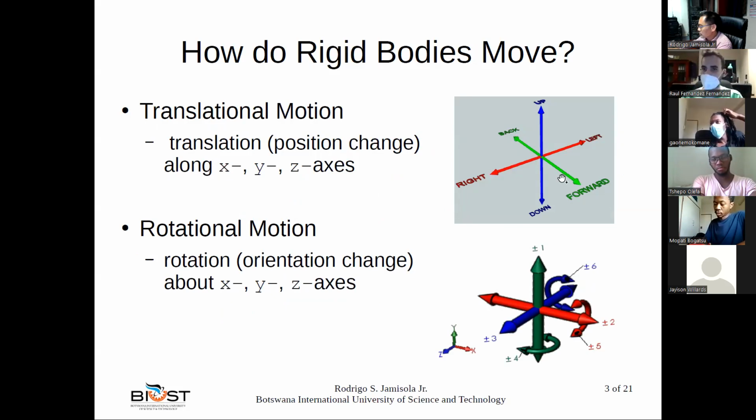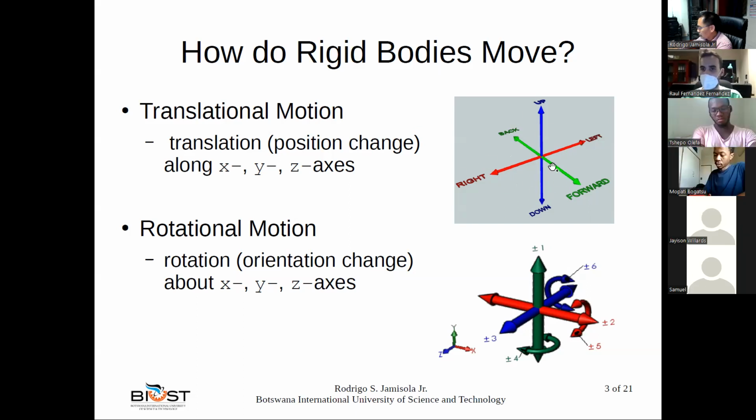Can you see the cursor on the screen? Yes, sir. Okay, perfect. Then I will use the cursor better than my arm. Thank you very much for answering. So you will see that we can go here, here, in any direction. Translational motion at the end is just moving our position, okay?